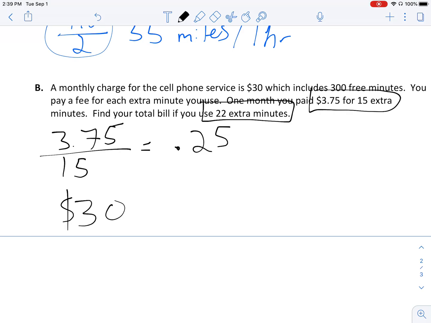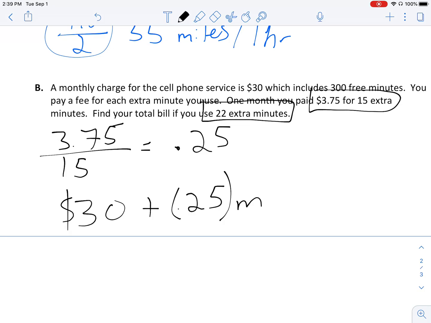In addition to that, I'm going to pay 25 cents for each minute that I go over. So 0.25 M. M is going to represent minutes.